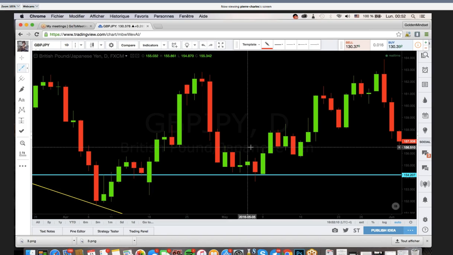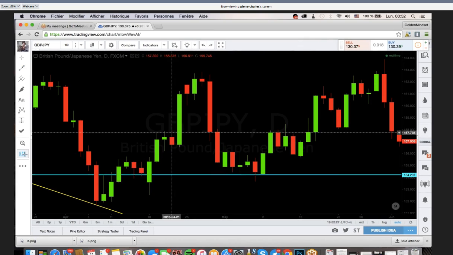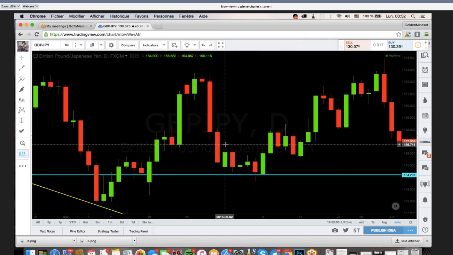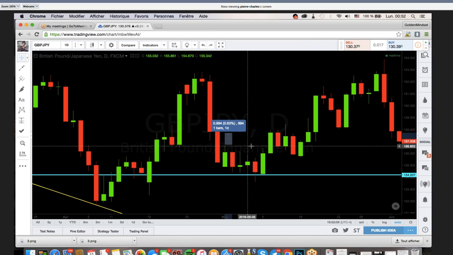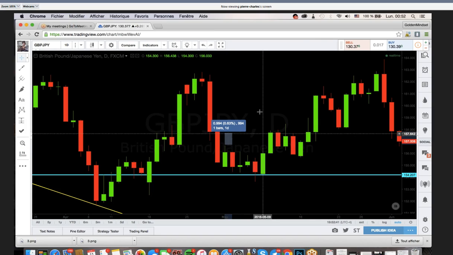I would have put my buy stop probably 30 pips higher, around 156.7, 20 or 30 pips higher. Exactly. So like this, I would have cashed easily a good 97 pips still, because don't forget that it's the daily chart, so it's going up pretty quick.